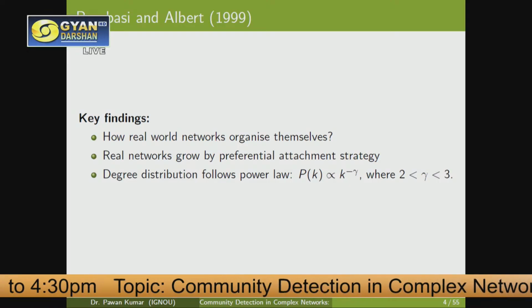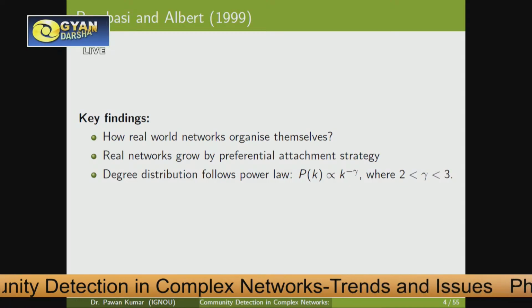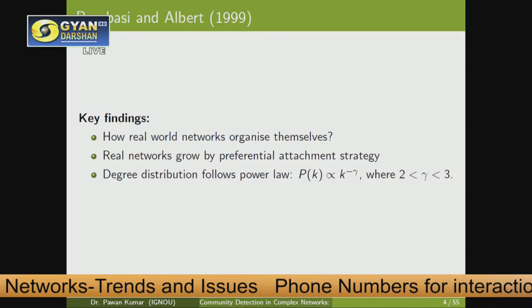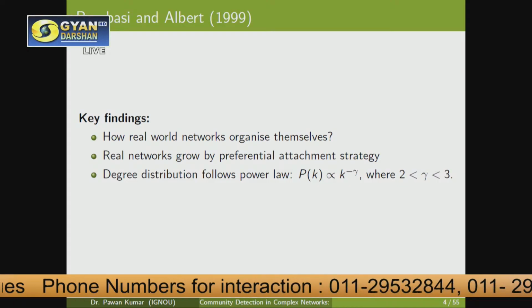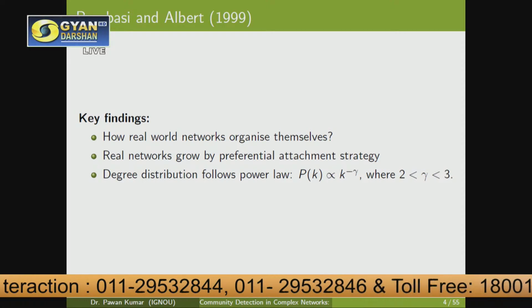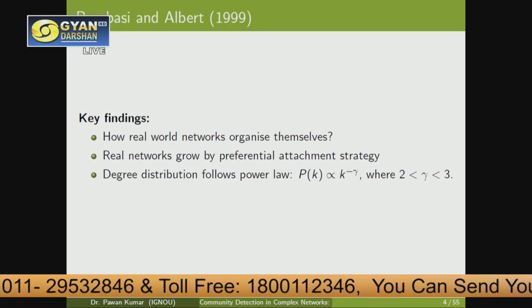When a new node joins, it looks for the node which is highly connected, that is, which has high degree. In a sociological context, you can say that persons who are already popular become even more popular over time. This kind of phenomenon was observed in real world networks as well.